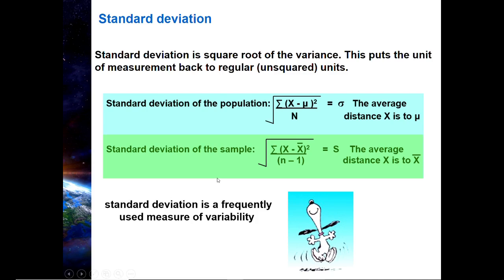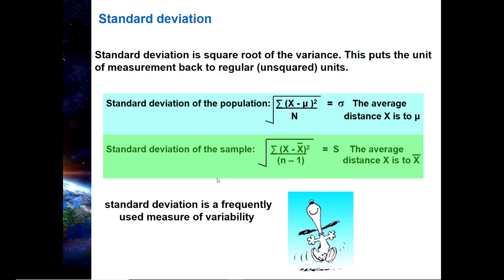You need to get to the point where I could call you up at 3 a.m. and say, quick, what does S stand for? And you should be able to tell me standard deviation of the sample. What does sigma squared stand for? Really quick, without hesitation, that's the variance of the population.